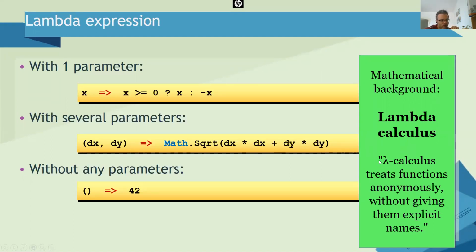I looked for this expression on the internet, and I found this definition of what lambda calculus is about. If you read this definition, you can easily see that basically lambda calculus is about anonymous functions, methods, anonymous delegates. So basically, this statement also proves that lambda expressions are actually anonymous delegates in disguise.